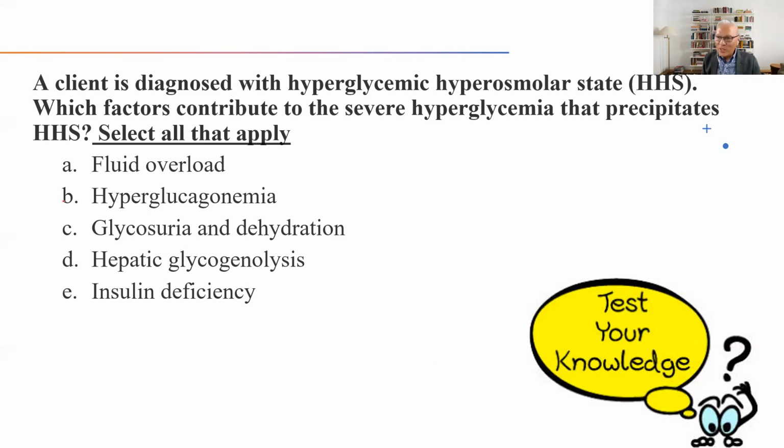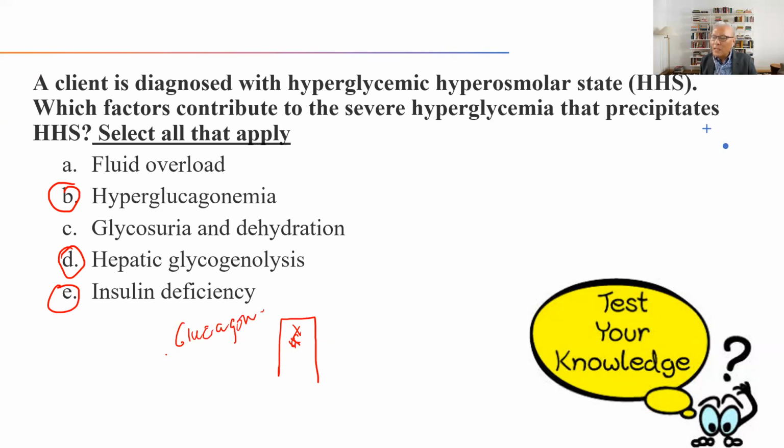All right. So the correct answers here are B, D, and E. Okay. So this goes again to the pathophysiology of diabetes. So you remember that in diabetes, glucose is not able to go into the cell. And therefore, what does the cell do? There's going to be an increase in glucagon that's going to be released.